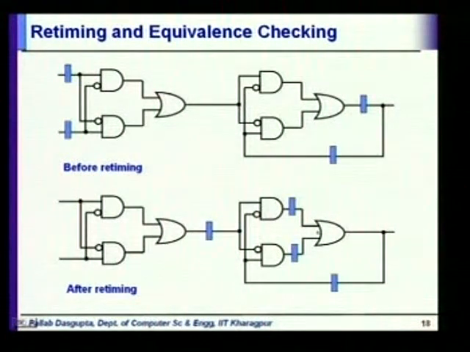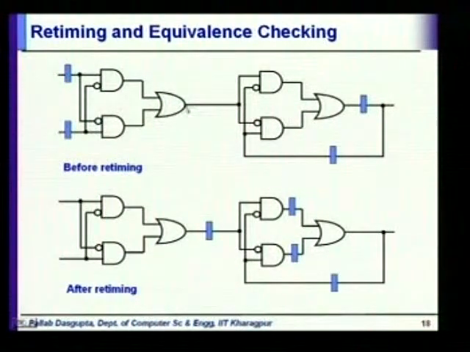Okay. And instead of putting this register here, we might say that let us put it here. Okay. Now, you see, what we have done is we have redistributed the logic in such a way that now there are only a maximum of 2 gate delays between any two registers, whereas here we had 4 gate delays between these two registers.